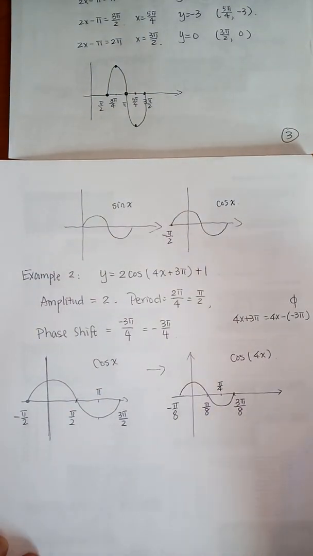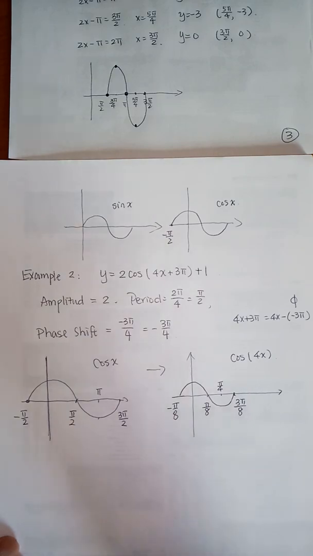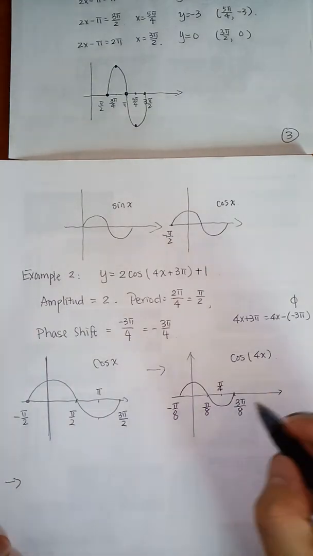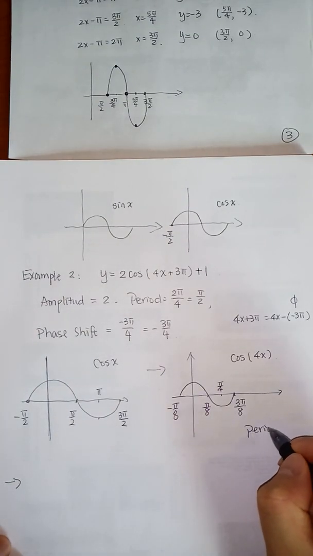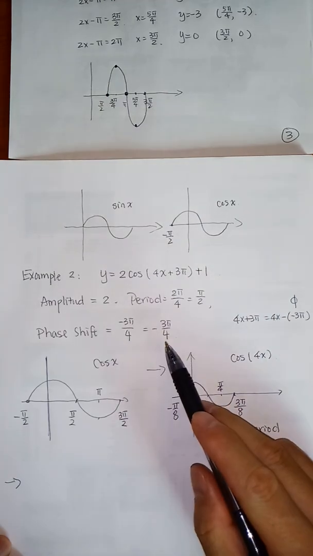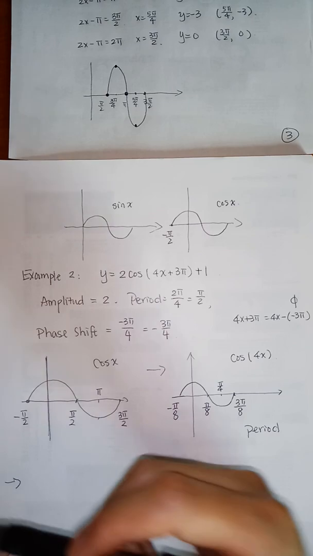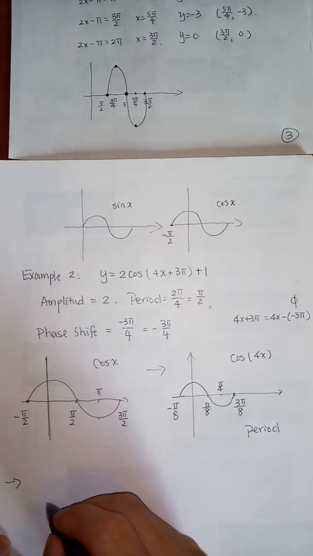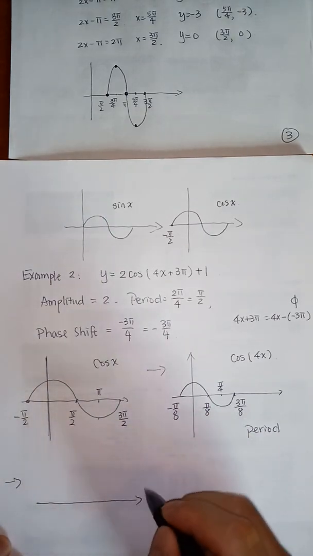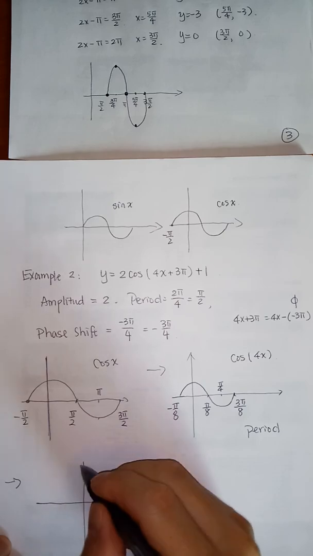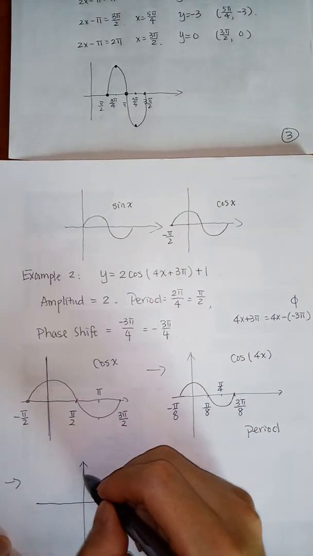So we get the period correct. Once we get the period, we want the shift. Here, negative phi, shift to the negative part.